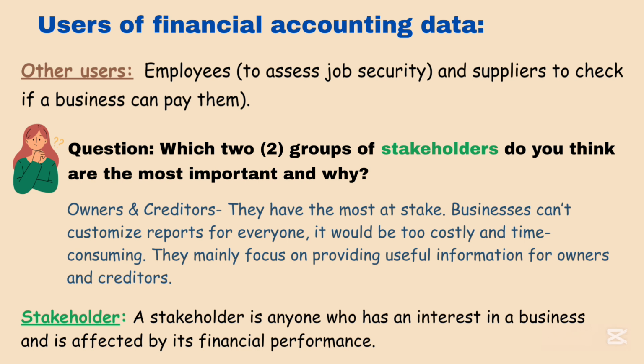They have the most at stake, and since businesses can't customize reports for everyone, it would be too costly and time-consuming. They focus on providing useful information for these 2 groups. And below is a definition of stakeholder. A stakeholder is anyone who has an interest in a business and is affected by its financial performance.